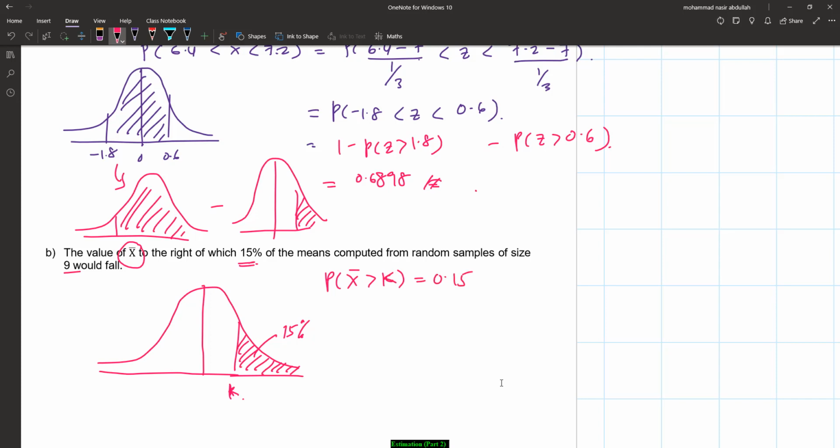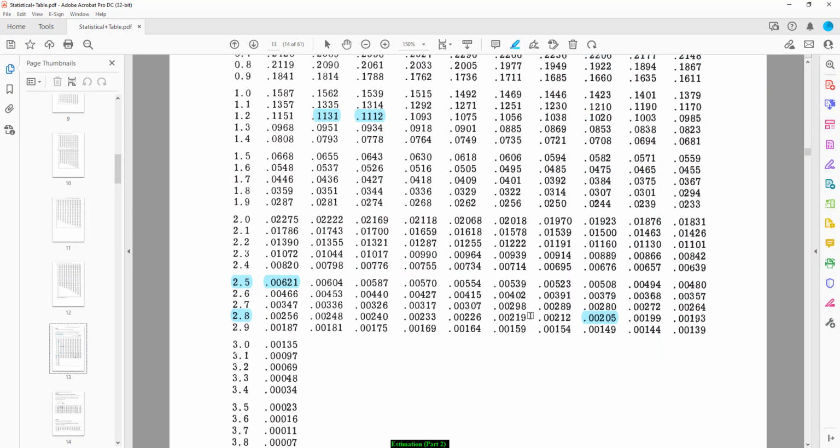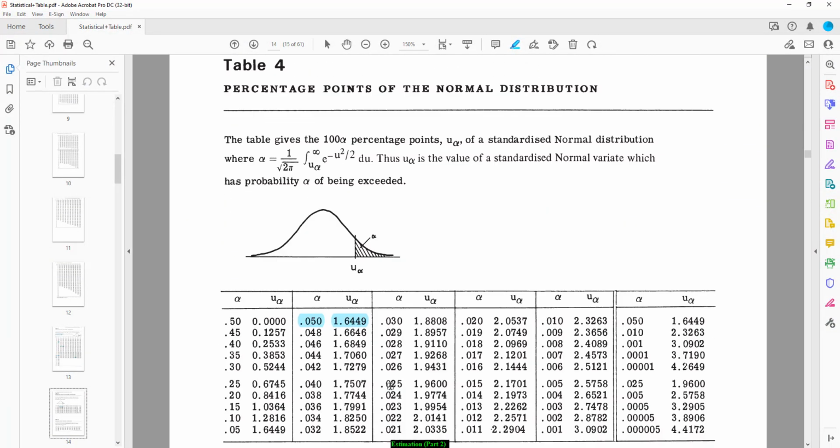This is quite simple, we have seen it before. We need to convert it to the Z distribution. K minus 7 divided by 1 over 3 equal to 0.15. So for 0.15, we look in table number 4, 0.15 is here, which is 1.0364.